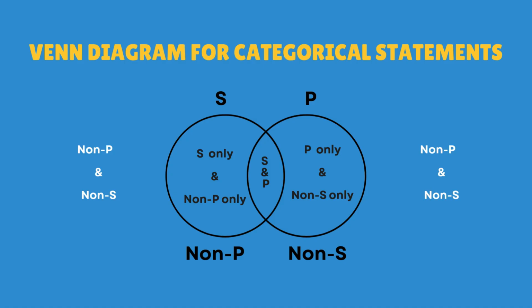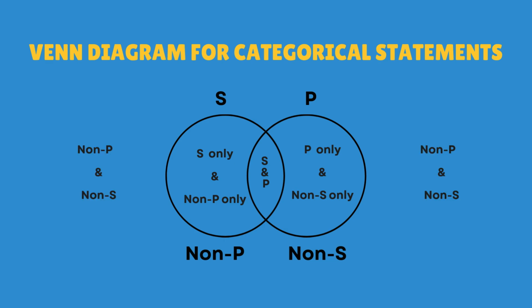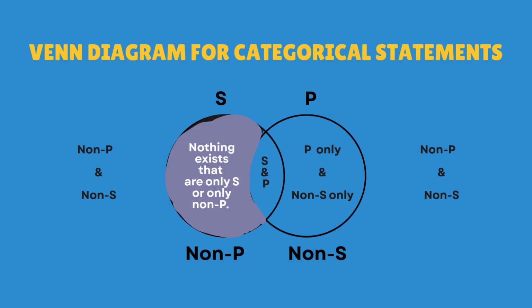Finally, the area outside the S and the P circle represents the space where things are both non-P and non-S. So, these are the possible interpretations for all the space represented by a Venn diagram. If a space is shaded, this indicates that nothing exists in that space for the category represented by the term associated with that space.